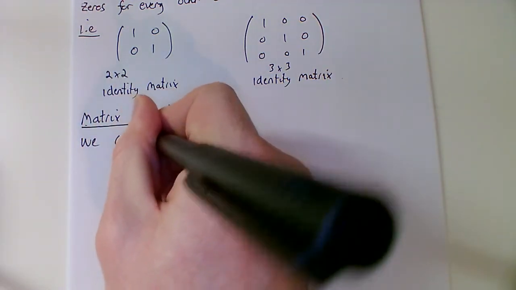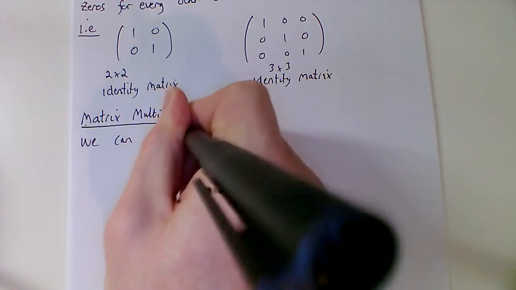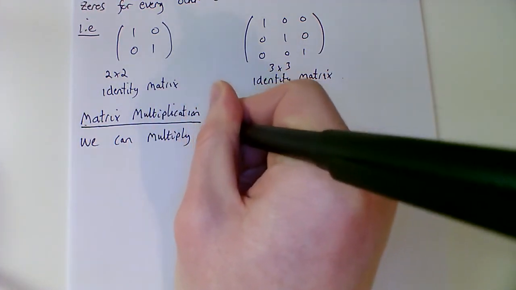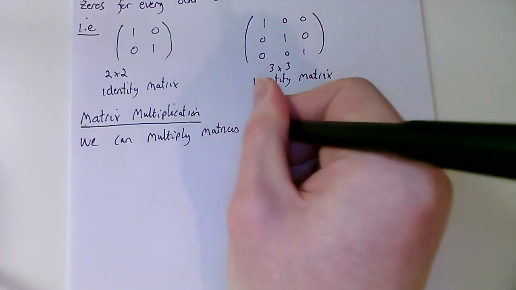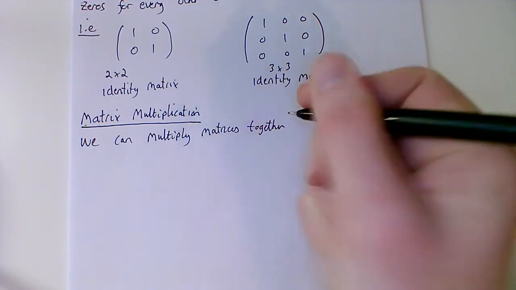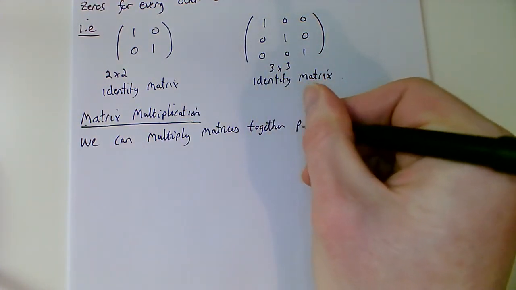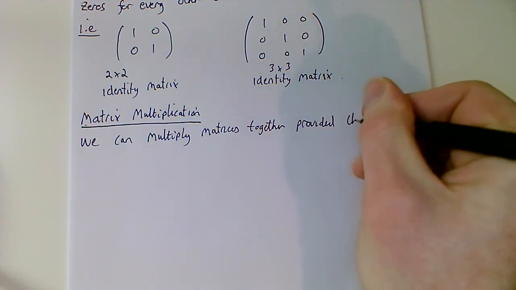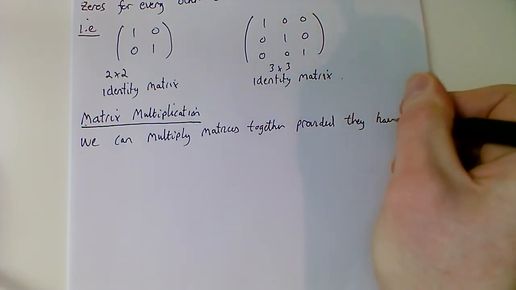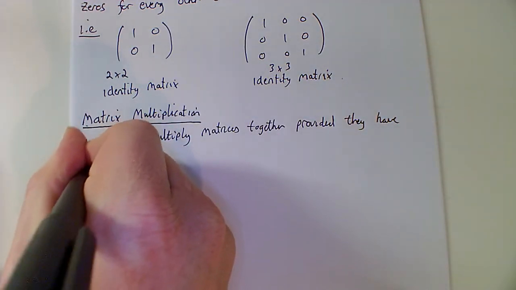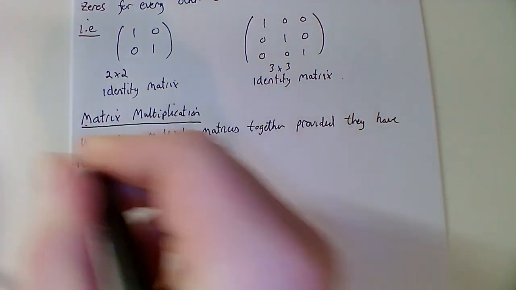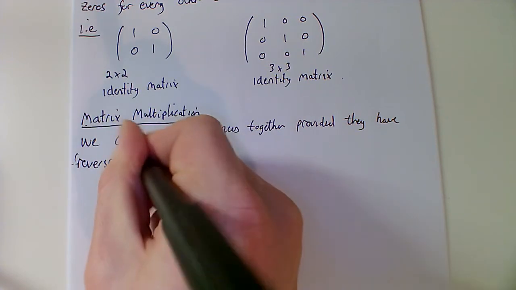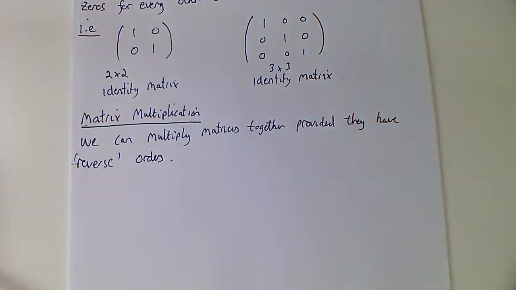So we can multiply matrices together, provided you have what's known as conforming orders.